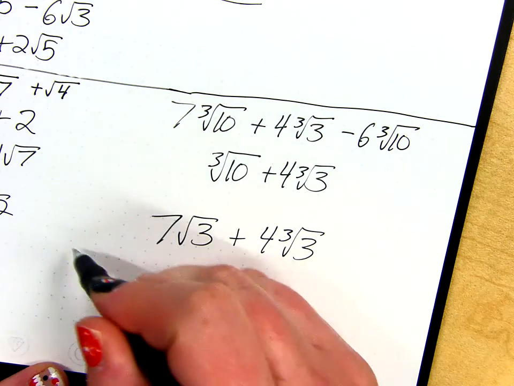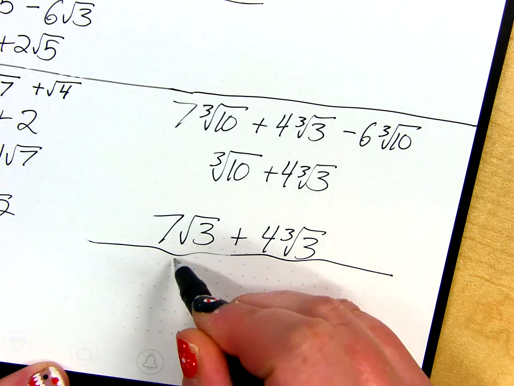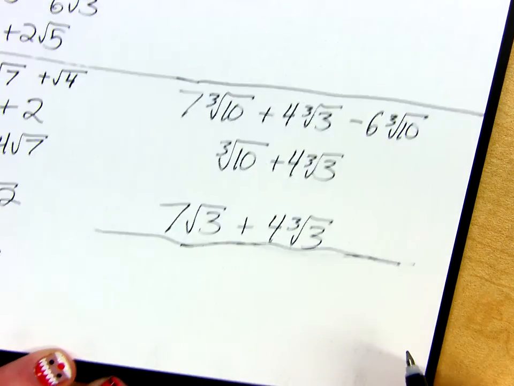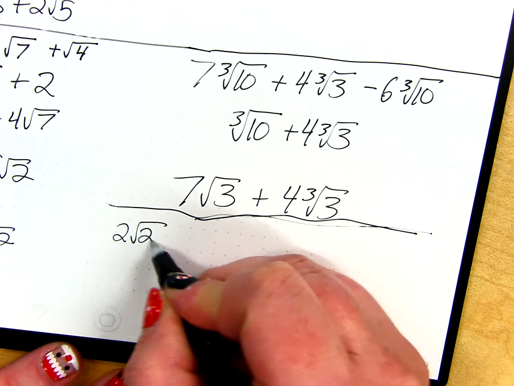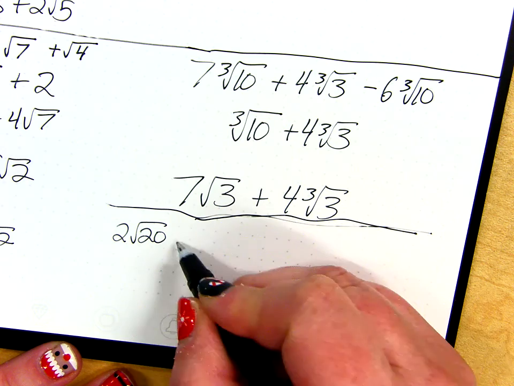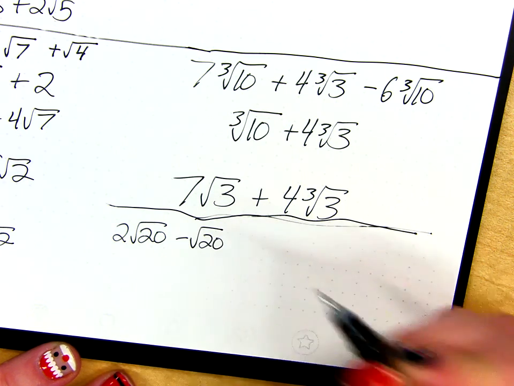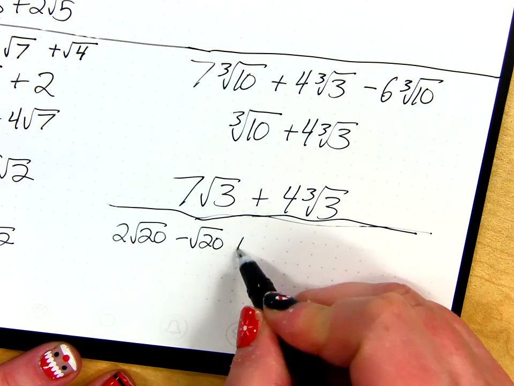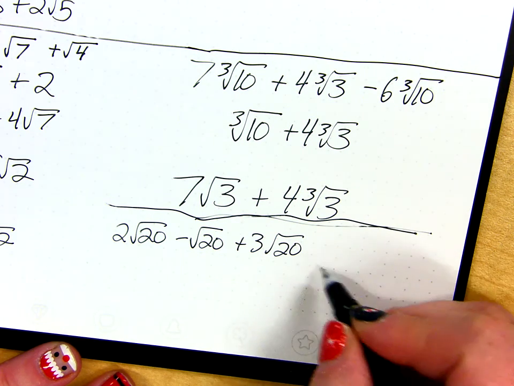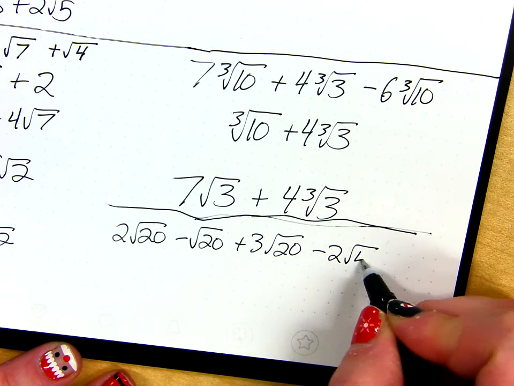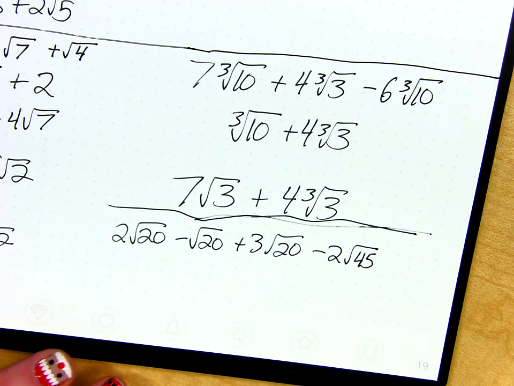Here's a helpful hint. If you look at one like this: 2 square root of 20 minus square root of 20 plus 3 root 20 minus 2 root 45. Okay, so there's a smarter and a harder way to do this one.